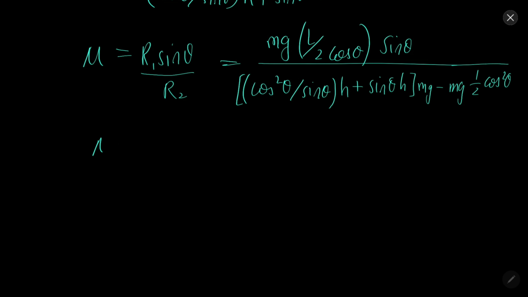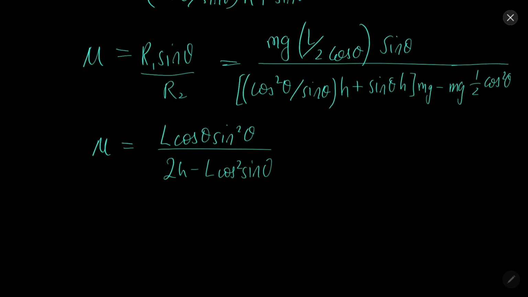Okay, now mu will be, after simplification, L cos theta sin square theta over 2h minus L cos square theta sin theta.